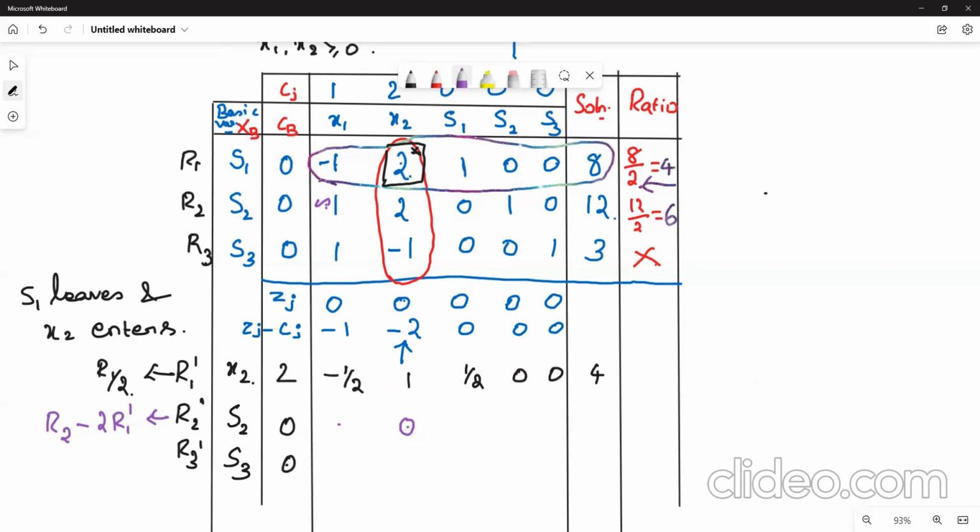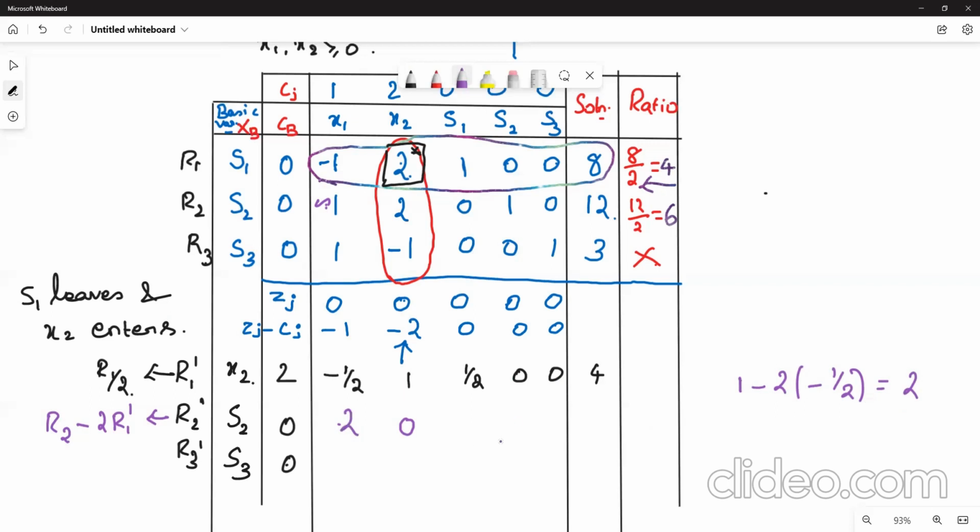To make the remaining entries 0, I should perform the row operation only with the newly formed row R1 dash. So let us do this row operation with the remaining entries. 1 minus 2 into R1 dash. The entry here is minus 1 by 2, which is minus of minus, plus. So 1 plus 1 which is 2. So the entry here is 2.